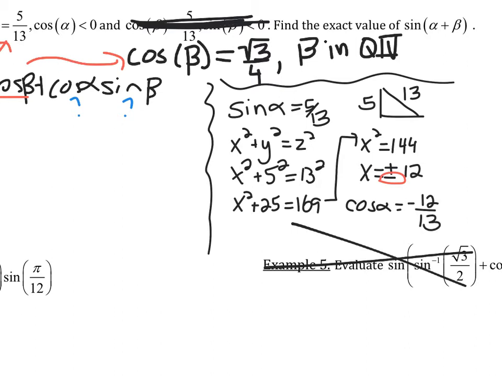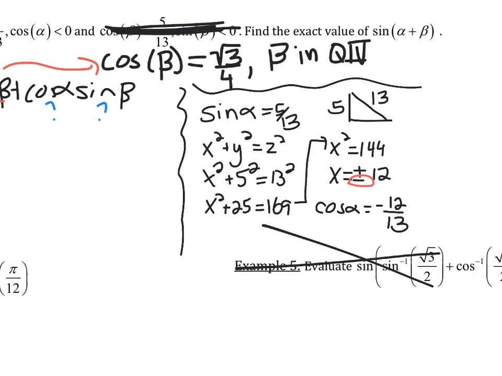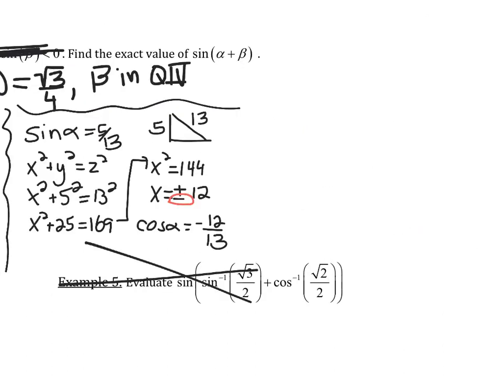Now we have one more value that we can substitute into our expression. Before we do that, let's go ahead and finish off and find out what the sine of beta is. We know that the cosine of beta is root 3 over 4, and we know we're in quadrant 4, so I'm going to draw a triangle where the x is root 3 and the hypotenuse is 4. We need to find the y.